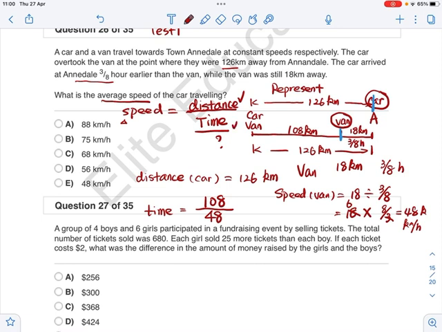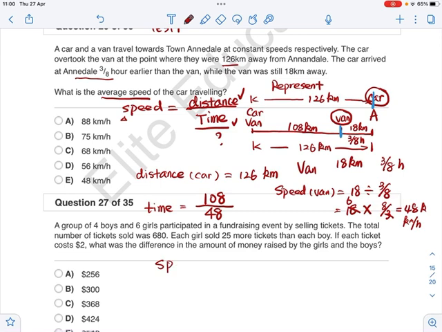So now we know the distance and also the time. Now the answer is only about how you calculate it. The speed of the car will equal 126 divided by the time, which is 108 divided by 48. I'd better write it in the division way. You can either simplify first or flip it first.